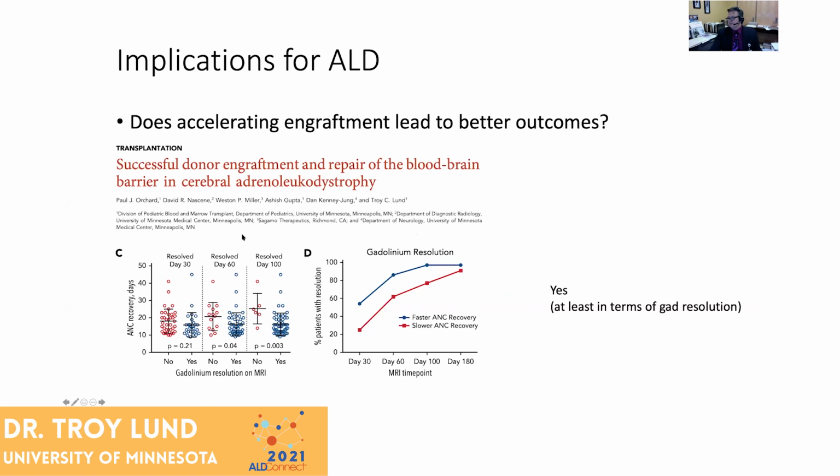In this case, we are looking at gadolinium resolution by day 60 after transplant, and the patients that engrafted before 16 days after transplant had that gadolinium disappear faster. And that would be our surrogate outcome for an improved ALD remission. So the answer is yes. In terms of remission, whatever that means clinically, we don't know.